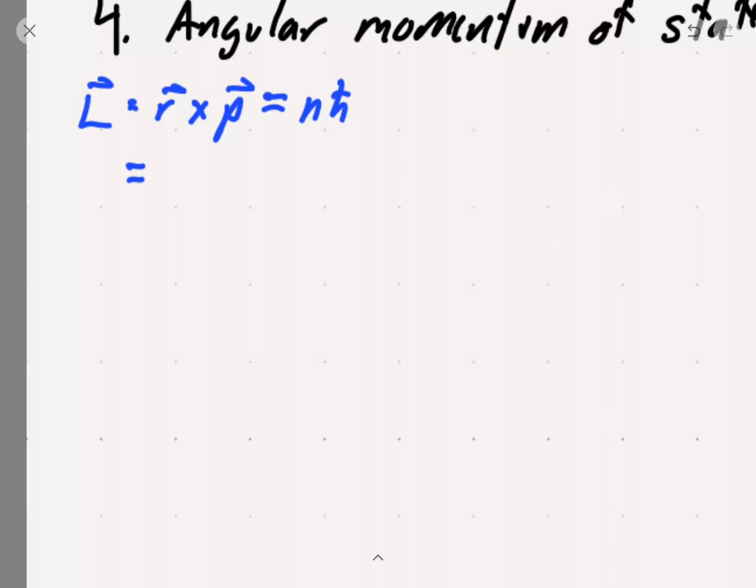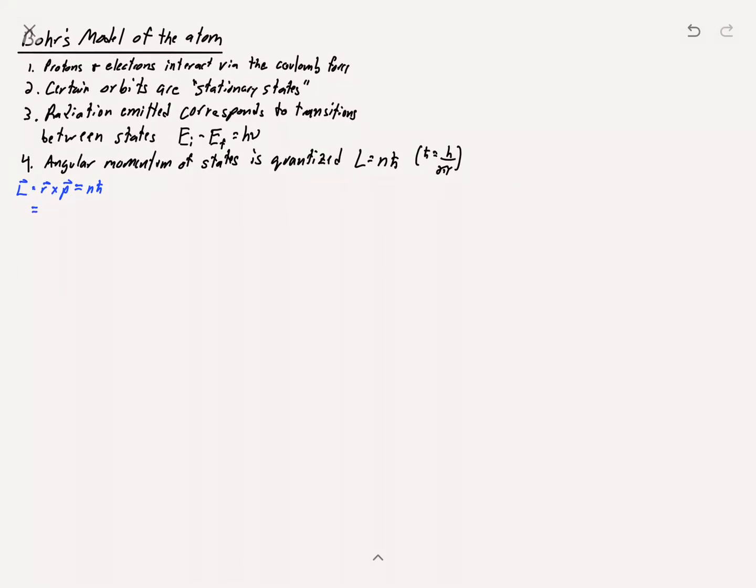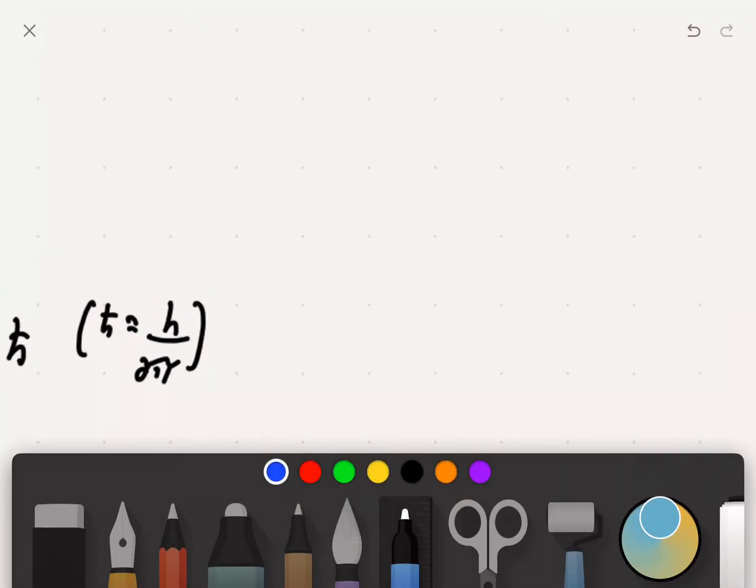So let me draw this up here. We will have our little nucleus, and we have our electron, and we have a radius, and we have a force.